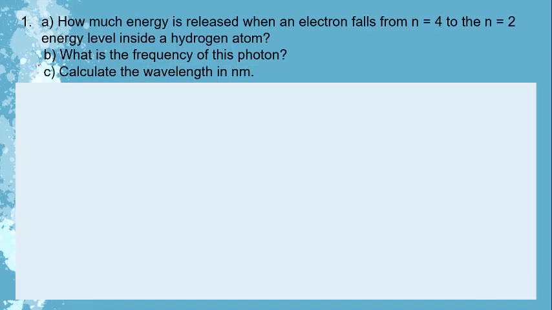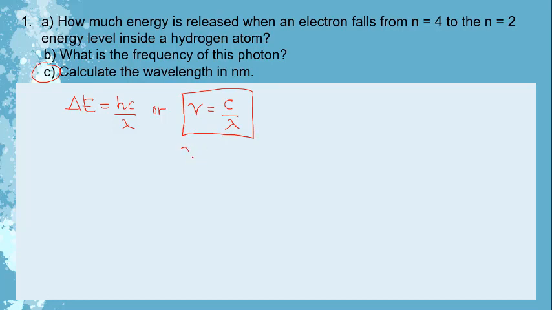Okay, next have a look at the last part, question 1c. For this question, we can use two formulas, either delta E equal to hc over lambda or nu equal to c over lambda. For now, I choose the second formula to calculate the wavelength.